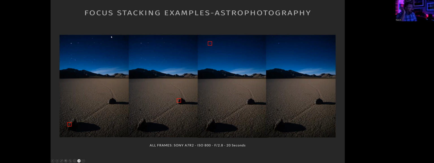So if you have a lens that you know has a focus breathing problem, that if you rack from front focus to back focus and the image shifts a lot, you might want to plan for that and shoot just a little bit wider than your composition needs to be, so that you can crop it in post. But you can see that this rock is in pretty much the exact same position when it's focused on the rock as when it's focused on the background.